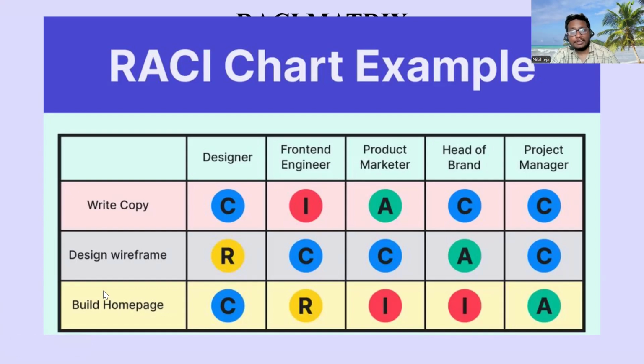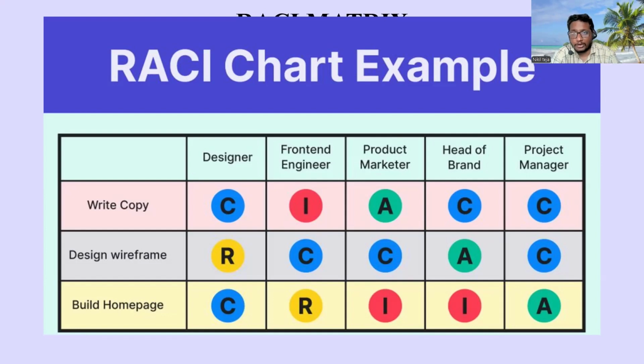Because the designer makes the things, right? He knows where to put what description, where to put what type of description. So he needs to be consulted before writing a copy. Front end engineer needs to be informed. Why? Because he needs to code, right? He needs to make that particular description appear on the screen. So he needs to be informed.